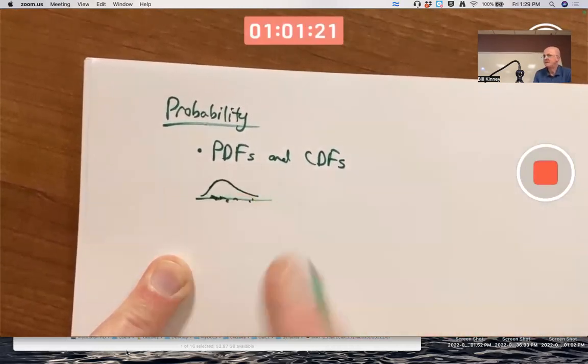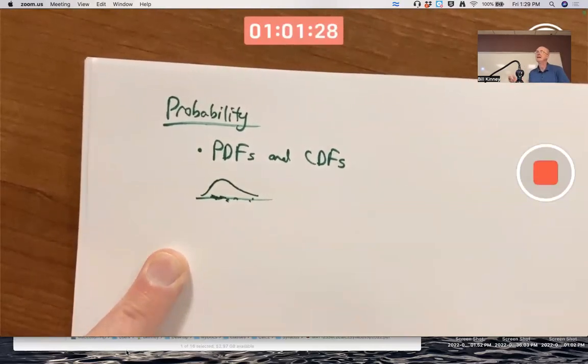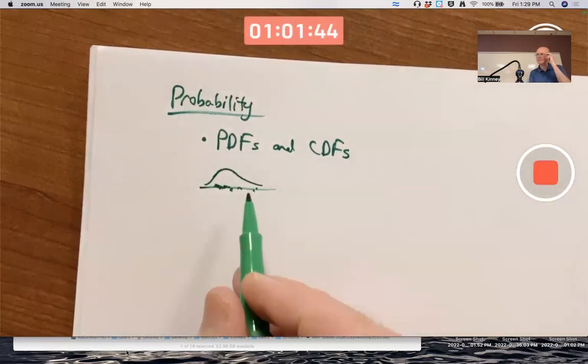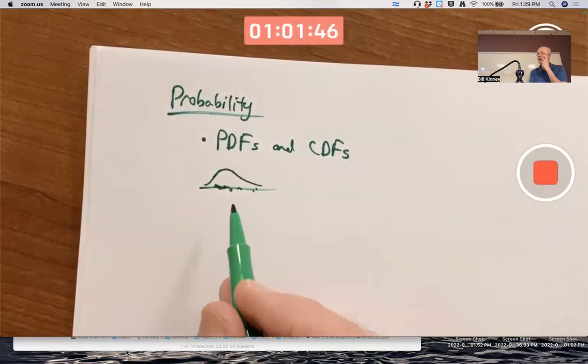You want the PDF to integrate to 1, which is why when you compute the mean, you don't have to divide by the mass because it's 1, like we do for a center of mass of a thin rod. The mean is analogous to a center of mass. It's effectively a center of mass for the data that we're modeling.